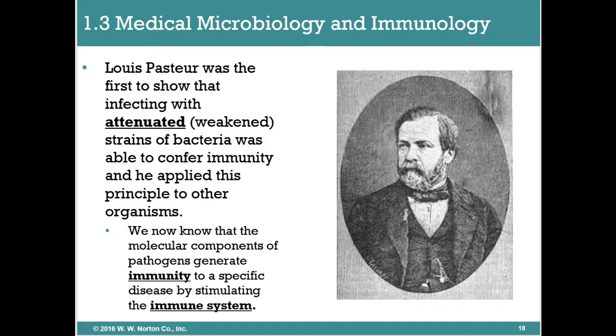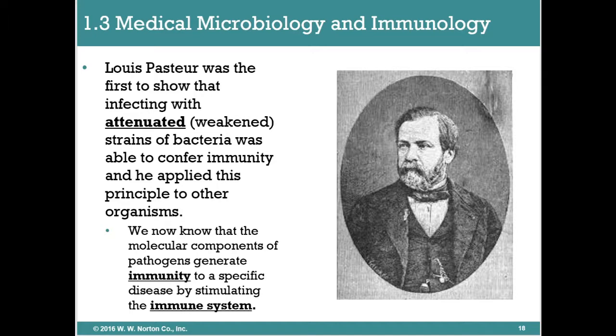We talked a little about Louis Pasteur before, but we're going to go into more detail about him. Louis Pasteur was the first one to show that infecting somebody with a weakened version of a microbe was able to boost immunity, and he applied this principle to different organisms, not just bacteria.